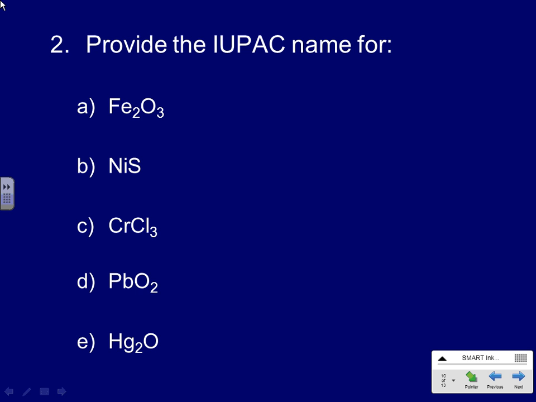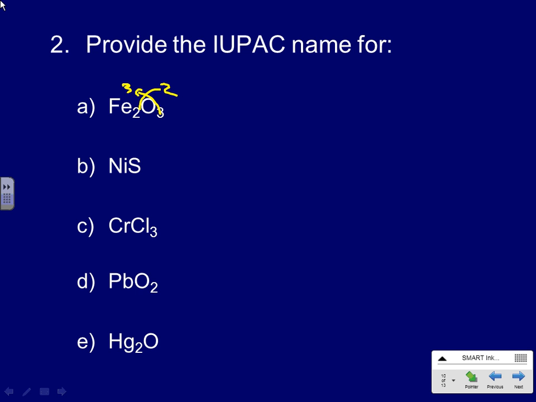The next thing is you got to determine which Roman numerals that you're going to use. 2 ways to do this. And I'm a fan of the second way. The first way we would call the reverse crossover, right? We would, in our minds, bring the charges back to where they originally came from, 3 and 2.